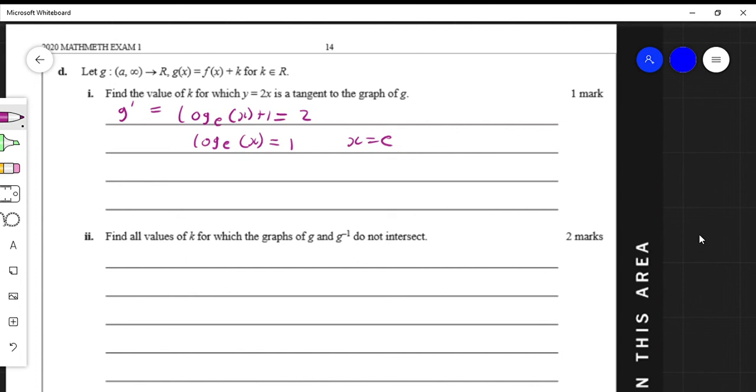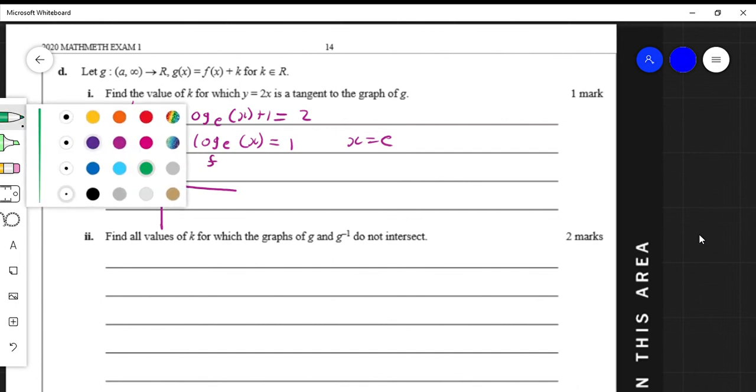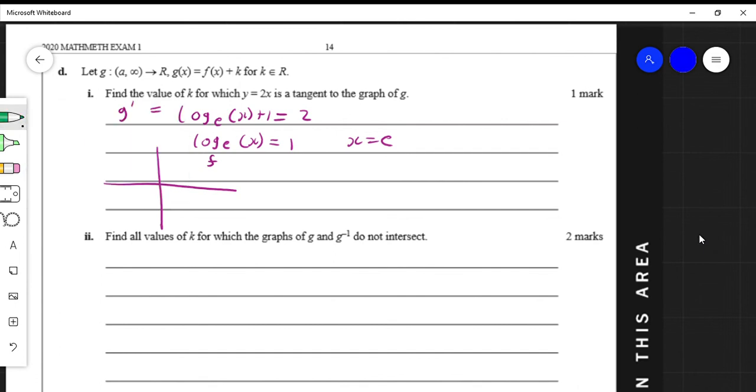So we can draw out all our things here. So this was our f. So we're going to move g up a bit, and then I'm going to take this here.